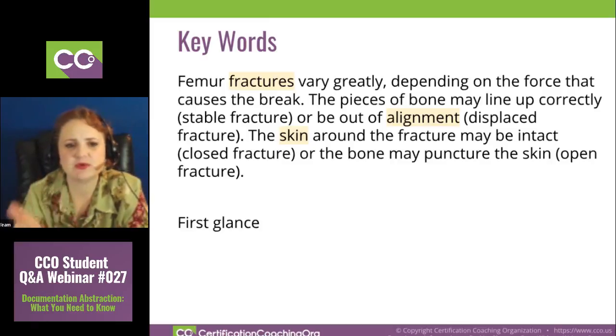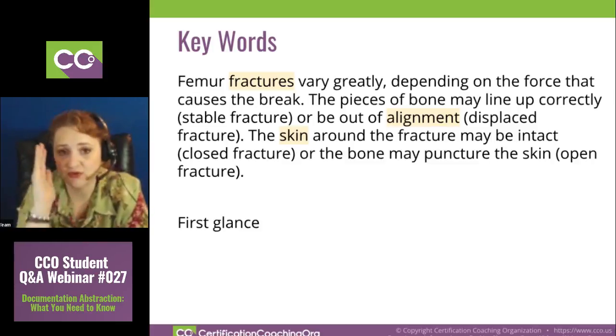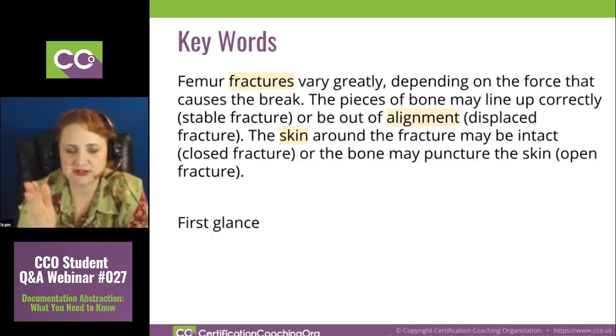All right. Now you think, well, what are we reading about? Well, the first sentence usually tells you exactly what you need to know. Femur fractures vary greatly depending on the force that causes the break. So we know this paragraph is about femur fractures, only femur fractures.